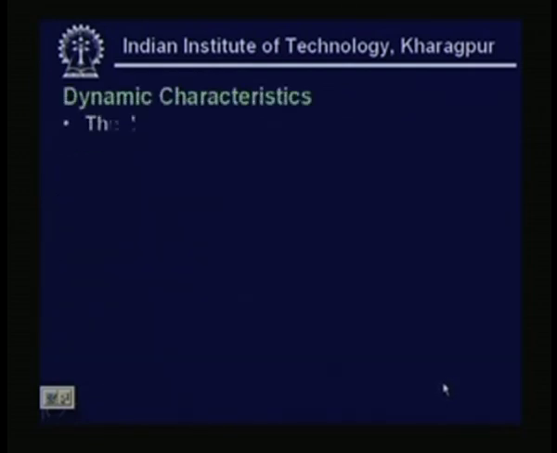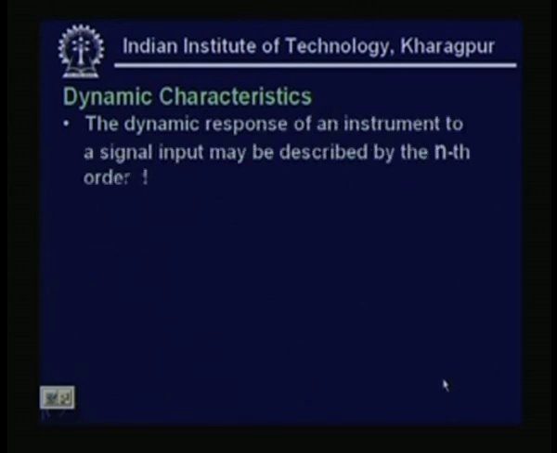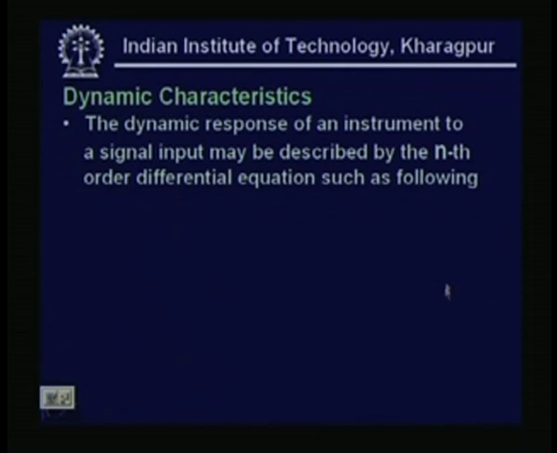Now, if I look at the dynamic characteristics, the dynamic response of an instrument to a signal input may be described by an nth order differential equation such as the following.